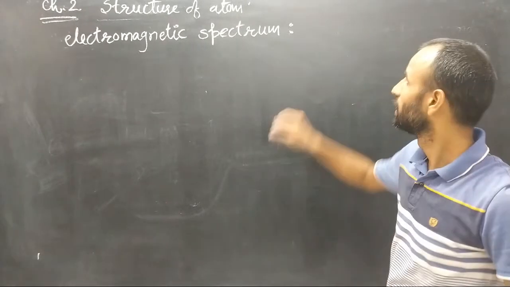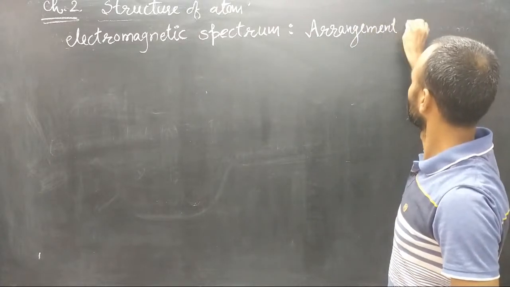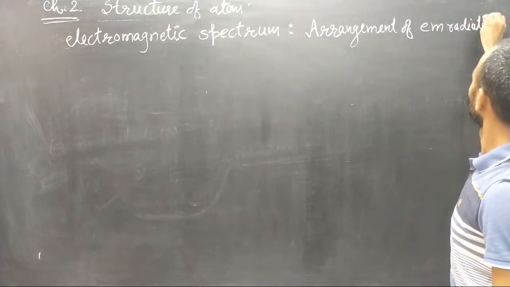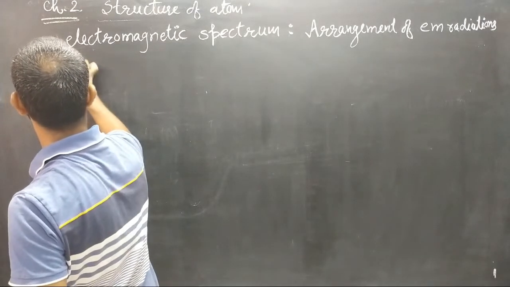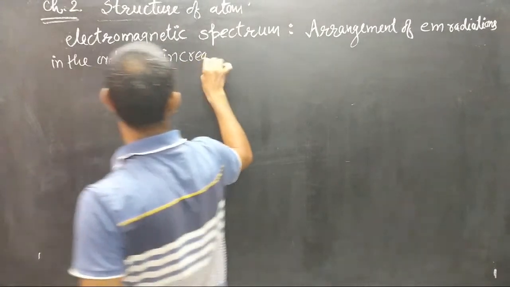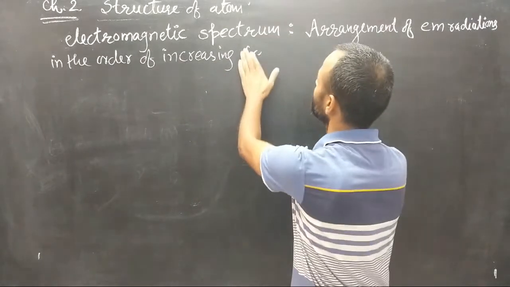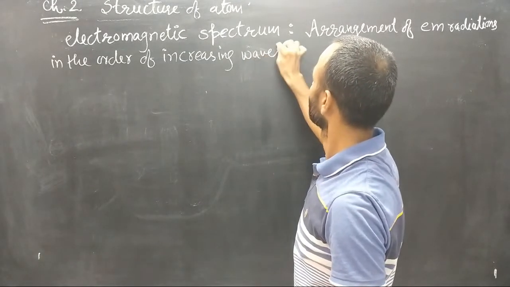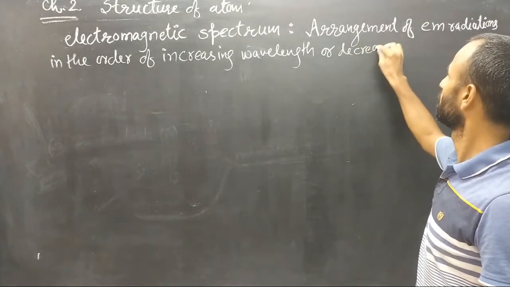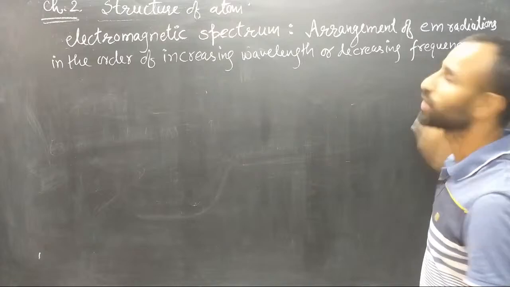Electromagnetic spectrum is the arrangement of electromagnetic radiations in the order of increasing frequency, increasing wavelength, or decreasing frequency.